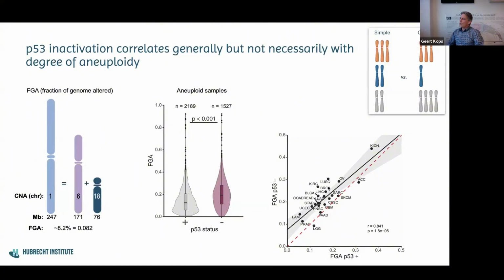So we also looked into arm and whole chromosome copy number alterations, and I won't show you the data, but we didn't really see a big effect there either. So there, also pan cancer didn't seem to be any clear preference for whole or arm level copy number alterations in the p53 deficient versus the proficient states.